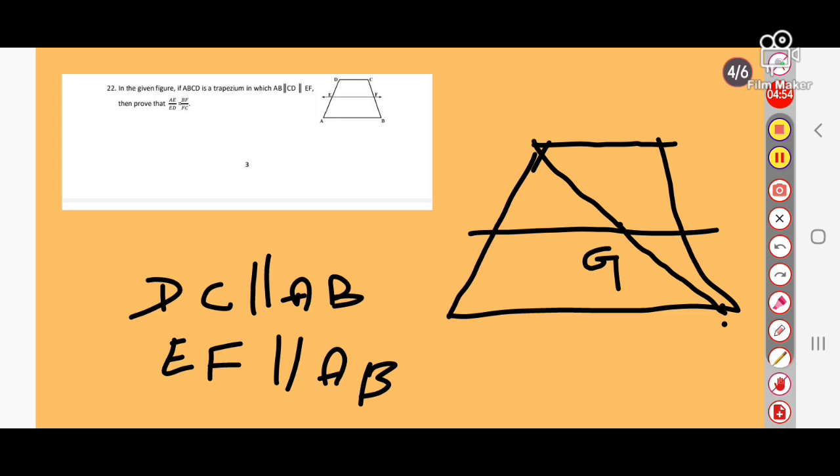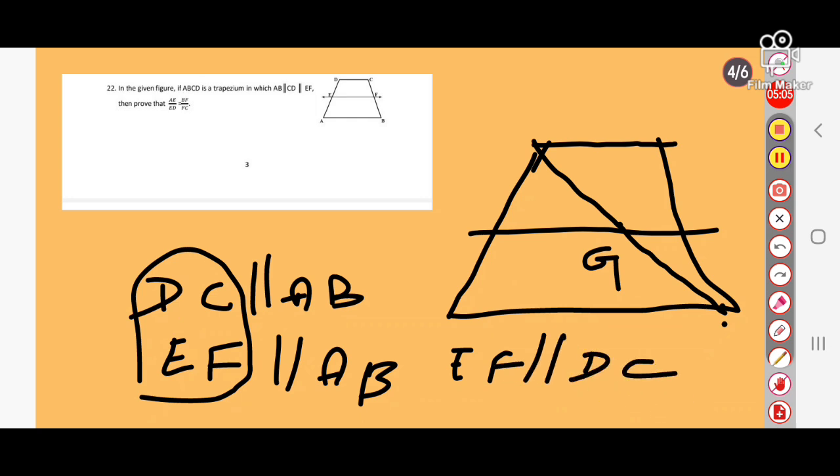So EF is parallel to DC, also given in the question, right? With this, we have to prove that AE by ED equals BF by FC, right? How we can come to that point is what the question is asking.